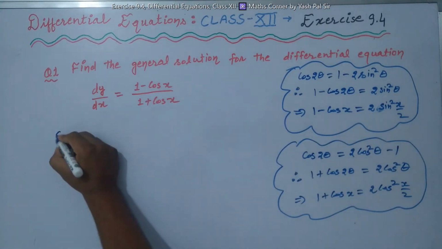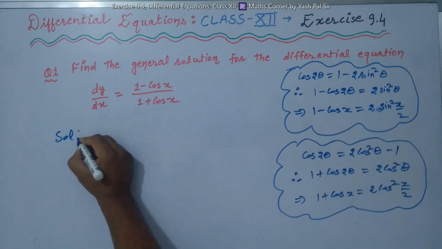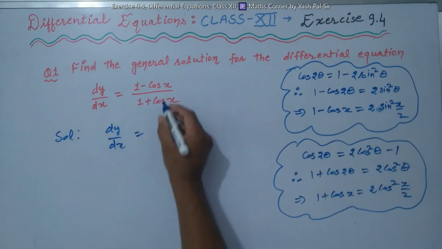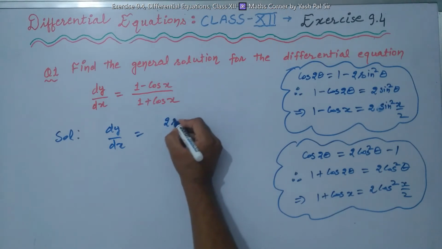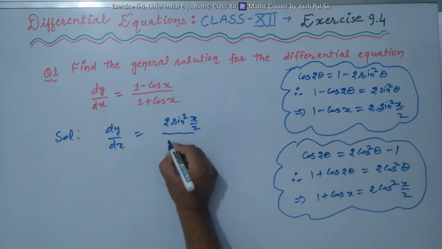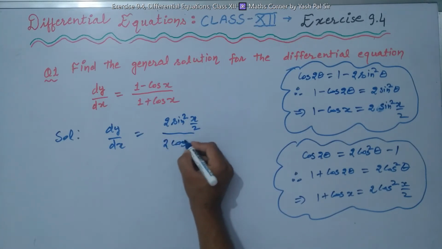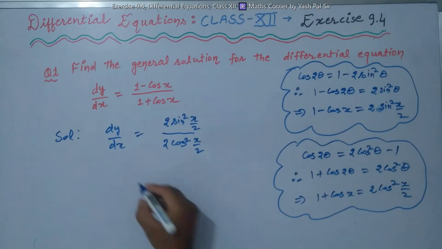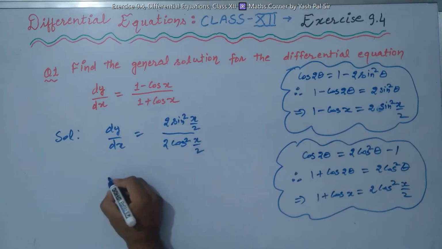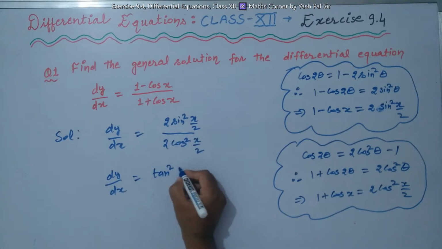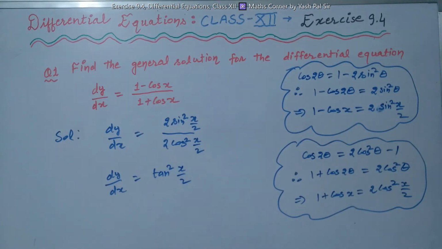So right hand side becomes now dy dx is equal to 2 sine square of x upon 2 divided by 2 cos square of x upon 2. So this way we can say dy dx is equal to tangent square of x upon 2.